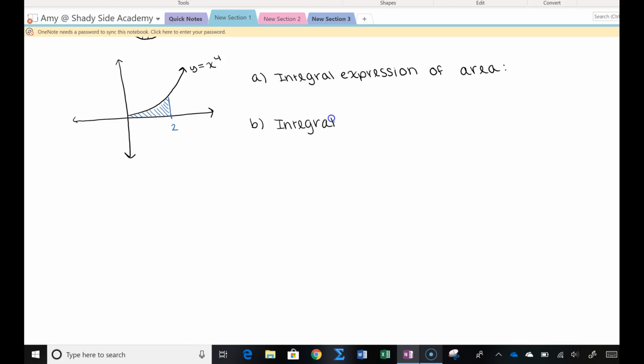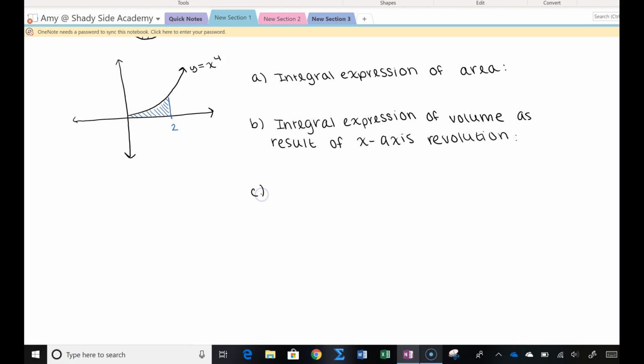So A, I want the area shaded as an integral expression. Part B, I want the volume of the solid as a result of an x-axis revolution. That's that one. And here is part C. I want the volume of the solid as a result of a y-axis revolution. Okay.